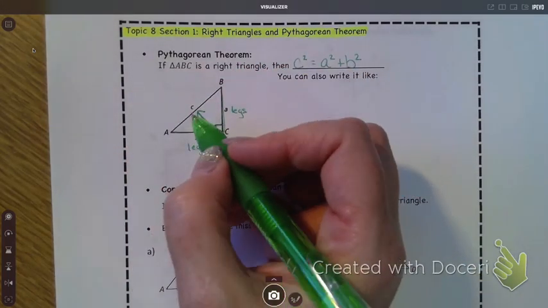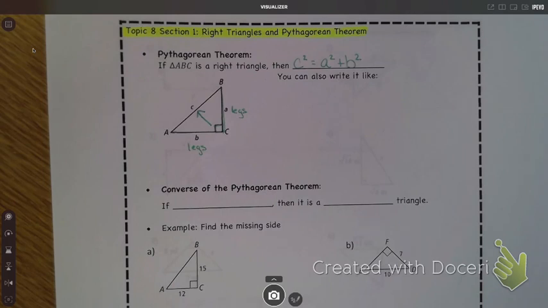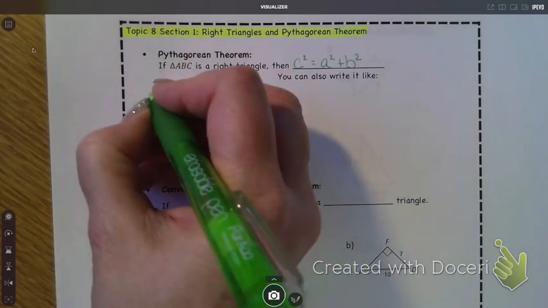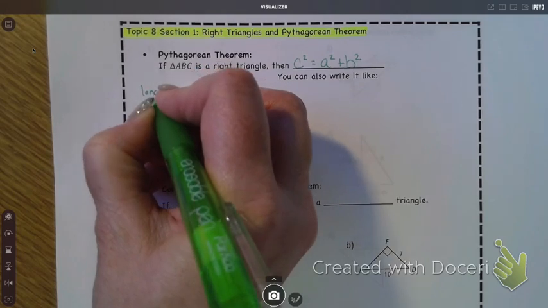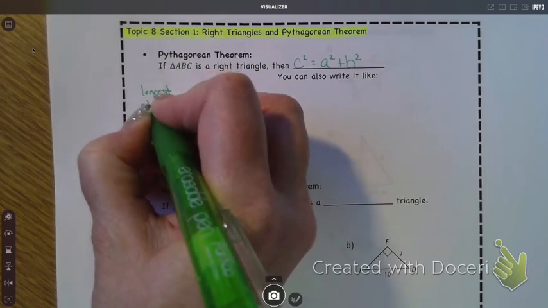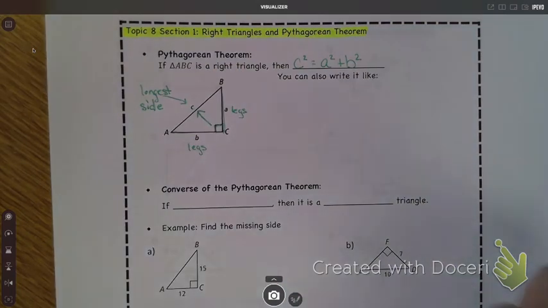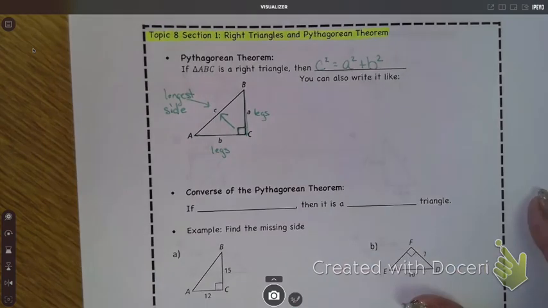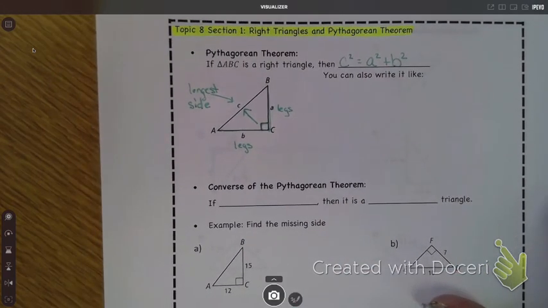Does it matter which one C is? Yes. C is also the longest side, because it is across from the biggest angle. 90 degrees is the biggest angle in a right triangle, correct?